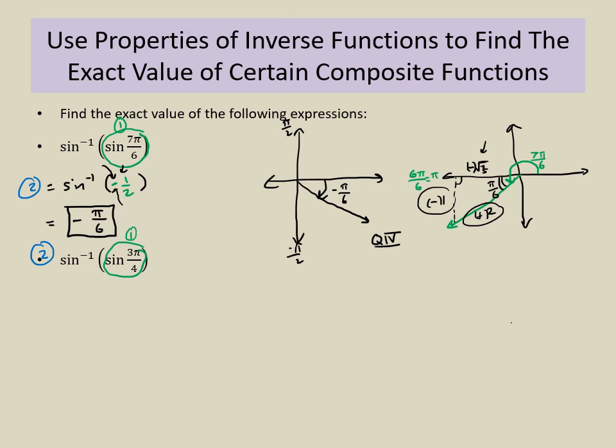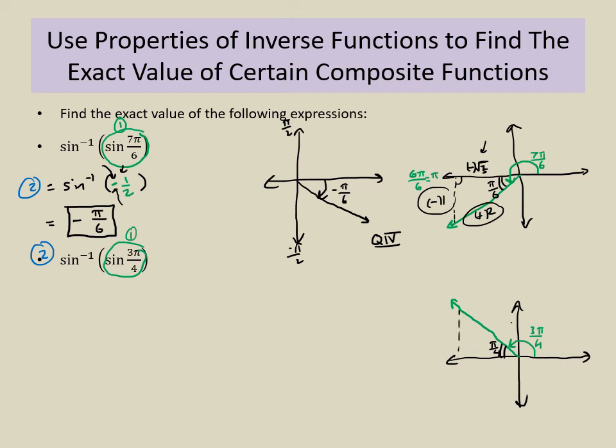Okay, let's start with sine of 3 pi over 4. Where is 3 pi over 4? That is an angle right here, the reference angle for which is pi over 4, right there.